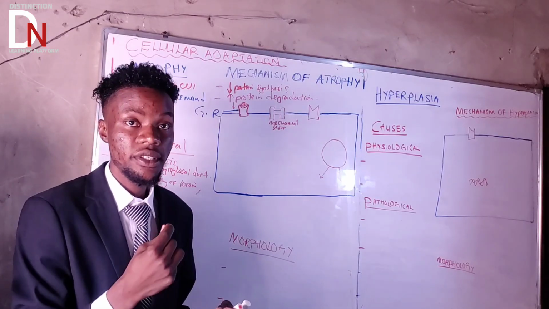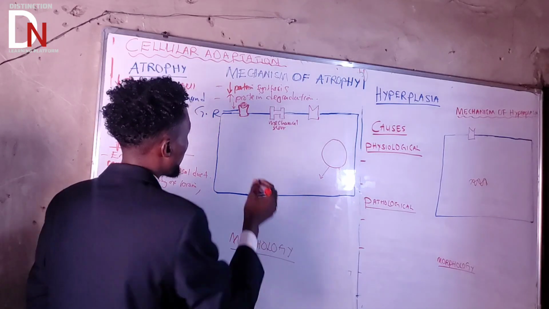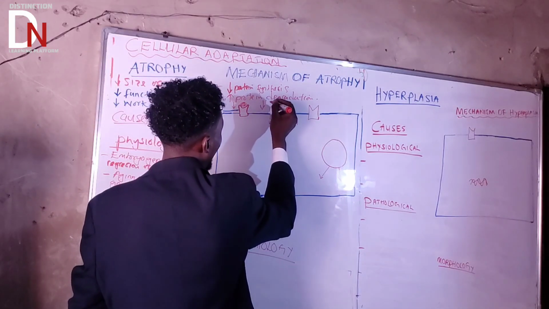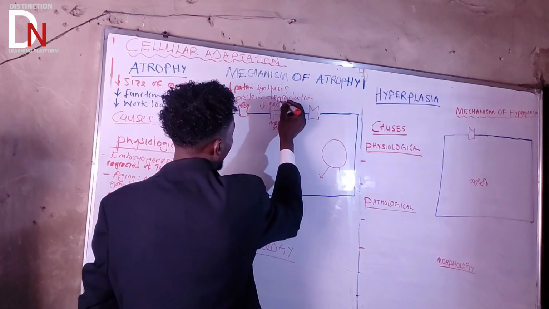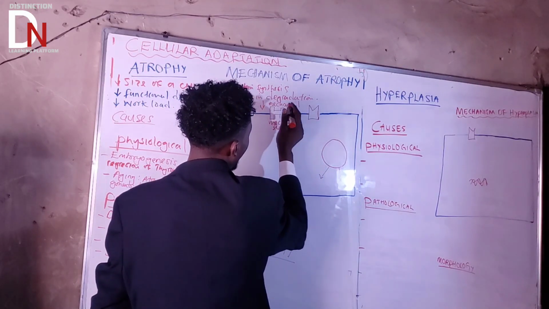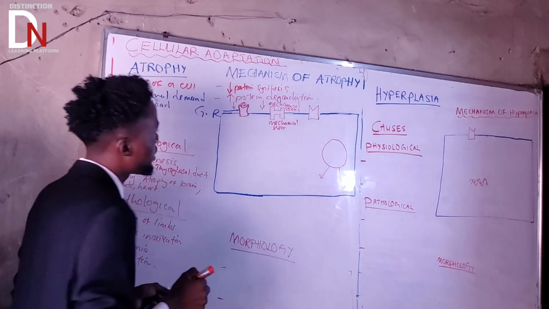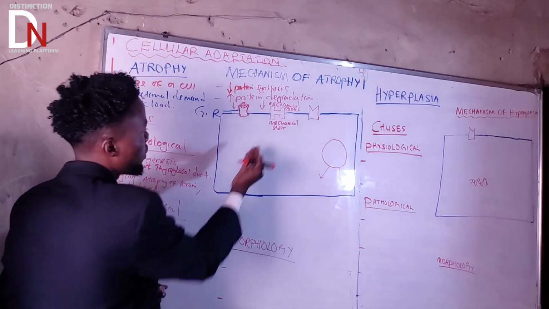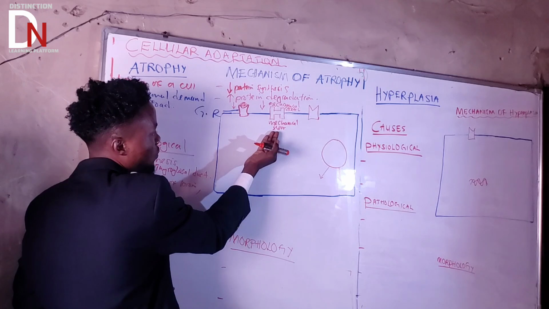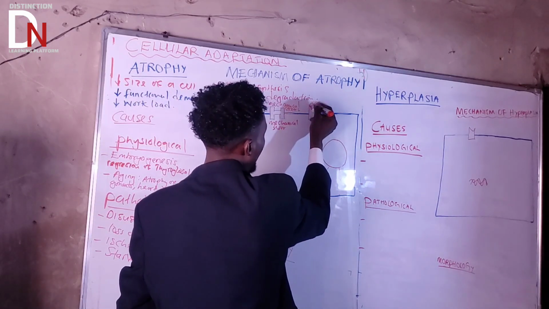But here there is a decrease in weight load. So what do you expect? There is a decrease in activation of the mechanical sensor. Basically, there is a reduction in mechanical stretch. So if there is reduction of mechanical stretch, there will be reduction in the activation of the mechanical sensor. What else?